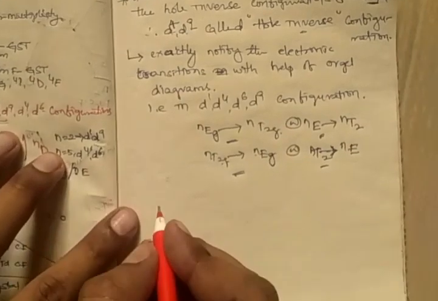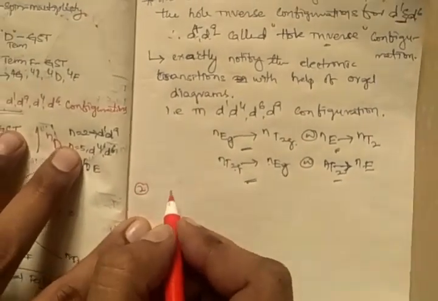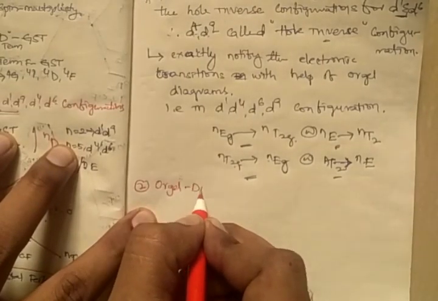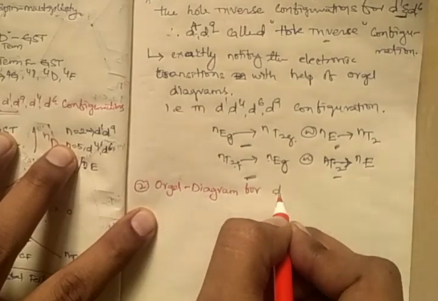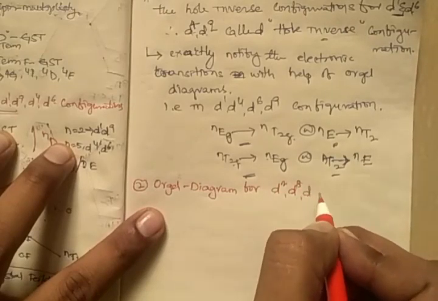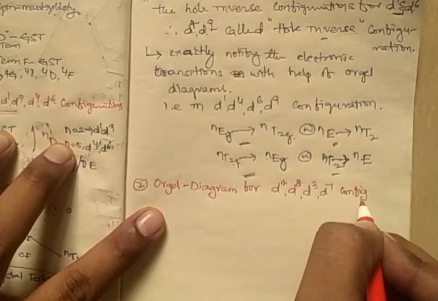So in continuation of this first Orgel diagram, we will go with the second Orgel diagram for D2, D8, D3, D7 configurations.